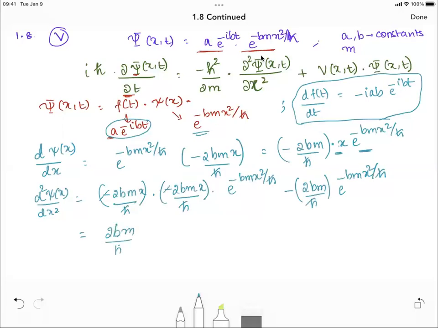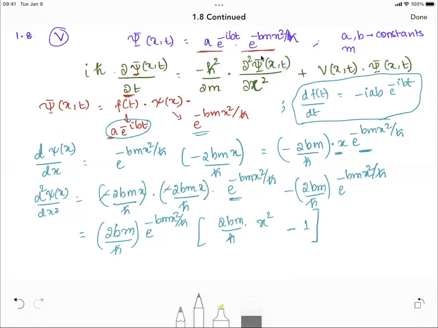That's something that can be taken out of both the terms. I can take out 2bn by h bar, and I can also take out the exponential term common. Now I can have 2bn by h bar times x squared. You have an x and an x, so you have an x squared minus 1. So I have the second derivative to be something like this.